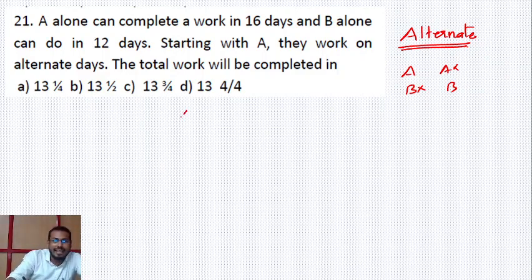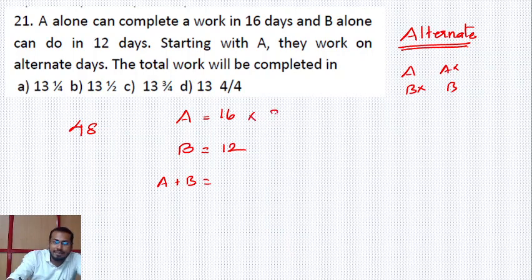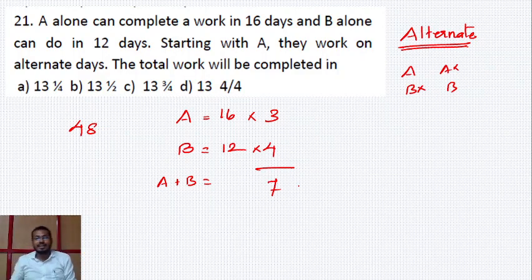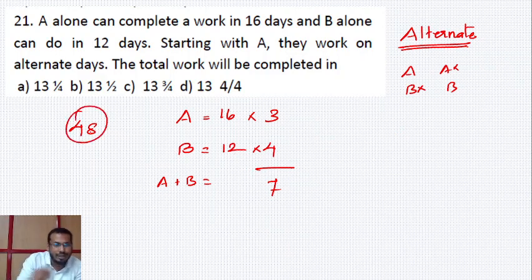Okay, let's take A and B as usual. A can complete a work in 16 days, B can complete it in 12 days. What is the LCM? 48. So A plus B, in 1 day A can complete 3 and B can complete 4. Both of them work for 7 chocolates in a day. Right? Write this up to here and now look at this. 48 chocolates are there.